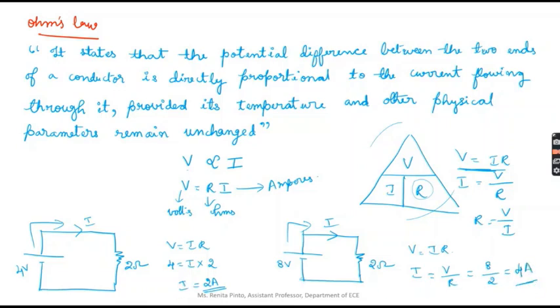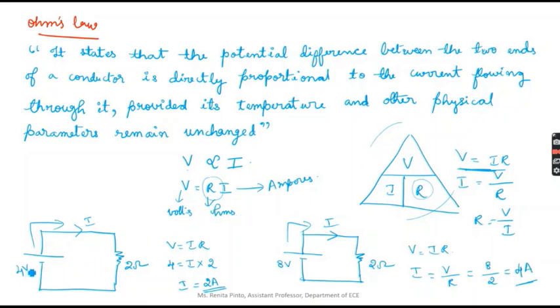Now you can see that whatever I said is justified. Your Ohm's law justifies this. According to Ohm's law, potential difference is directly proportional to the current. I told you, if you double the voltage, the current will also double, provided your resistance remains unchanged.